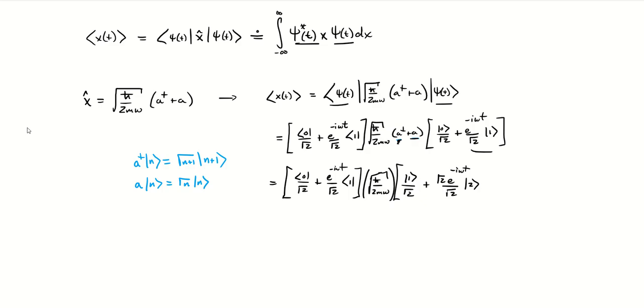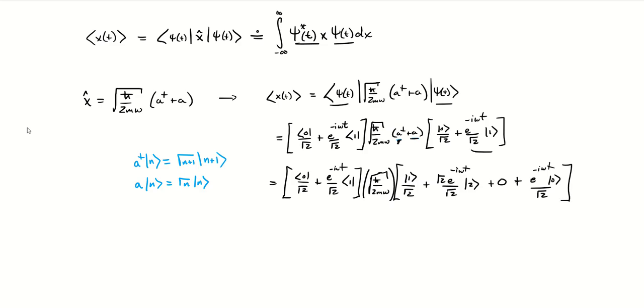The lowering operator acting on the ground state, that's our ladder termination condition, so that's just 0. And acting on the 1 state gives us root 1 times the 0th ket, so we have e to the negative i omega t times the 0 ket over root 2, right?